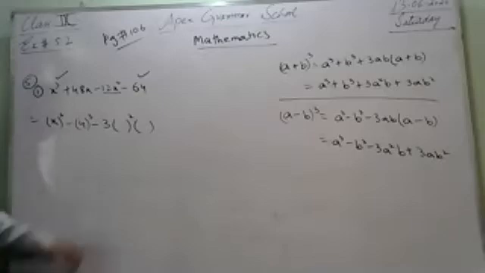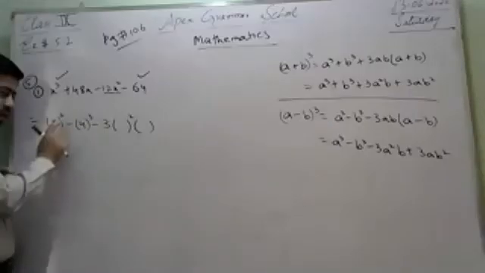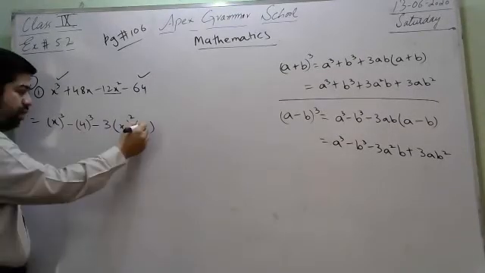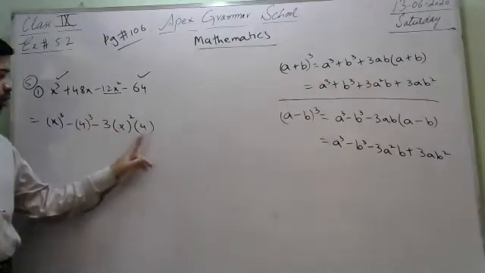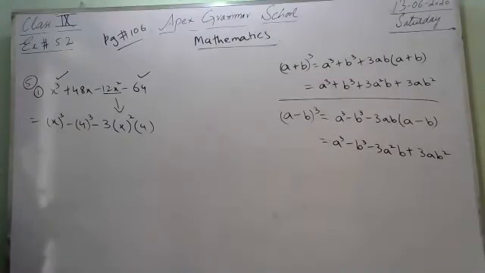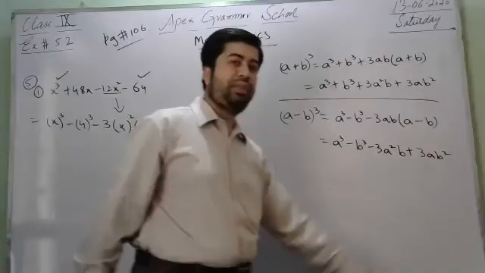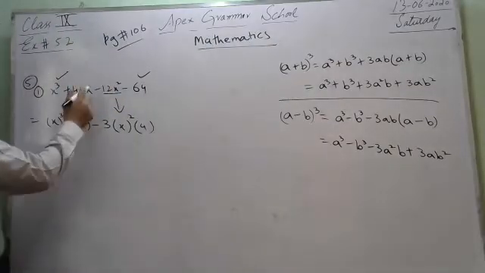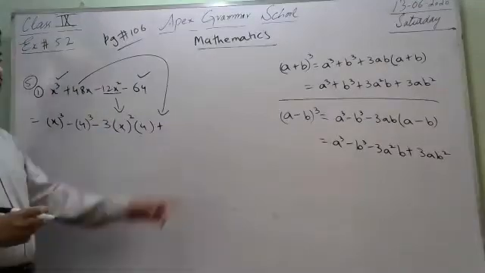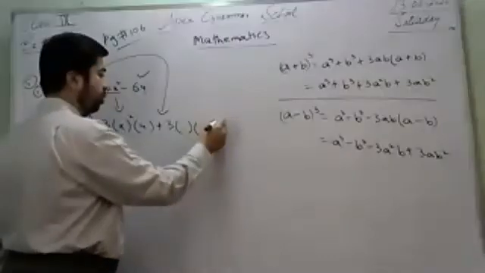Now you have to put the value of a and b here. What is the value of a? Under this cube, this is a. And what is the value of b? Under this cube, this is b. Now verify: 3 4s are 12x square, so it is 12x square with negative sign. After that, you have plus 3ab square. So with positive sign, this 48x, you have to write in terms of plus 3ab square.